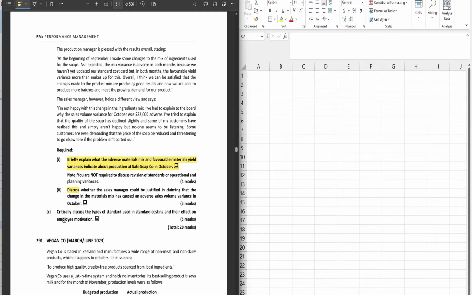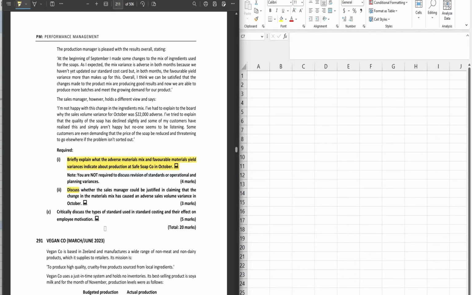Okay, it's very important to understand what the examiner expects from you in each and every requirement. Then in the last part, they ask to critically discuss the types of standard used in standard costing and their effect on employee motivation. Remember, there are 4 types of standards, and we don't just need to provide a definition of each standard, but we also need to discuss how those particular types of standard will affect employee motivation.